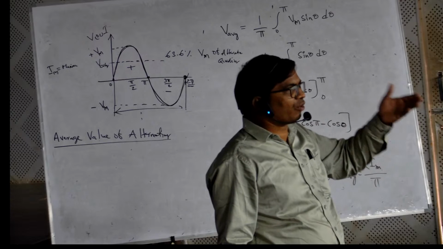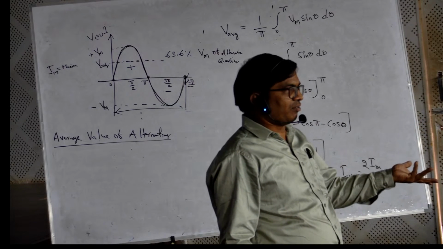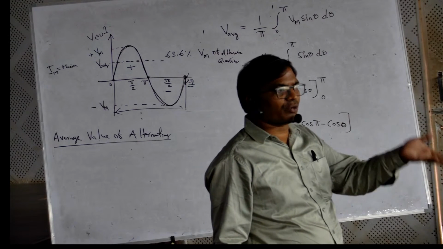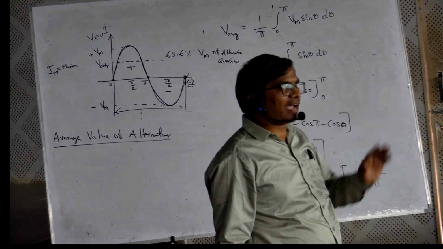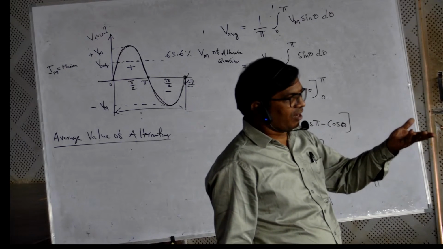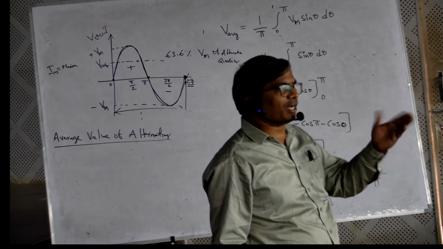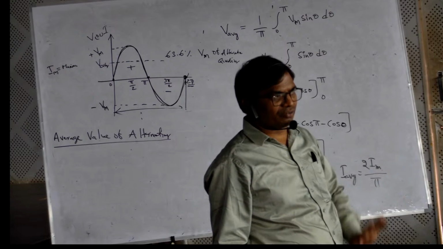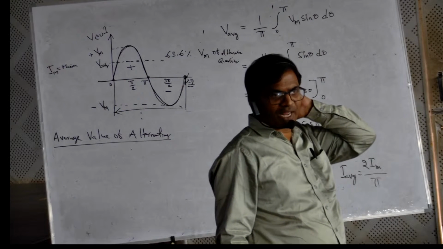If the maximum value is 100, the average is 0.636 into 100. If the maximum is 200, the average is 200 into 0.636.